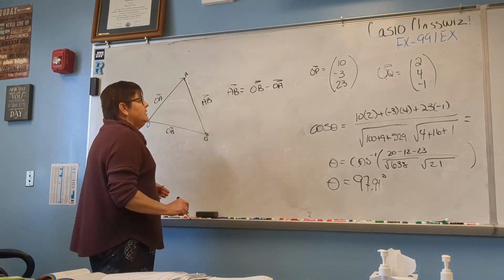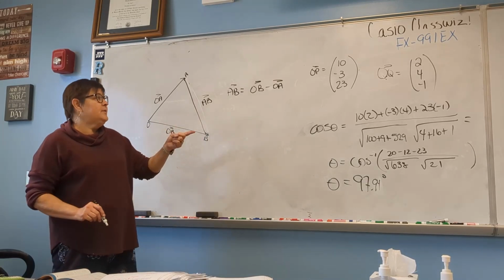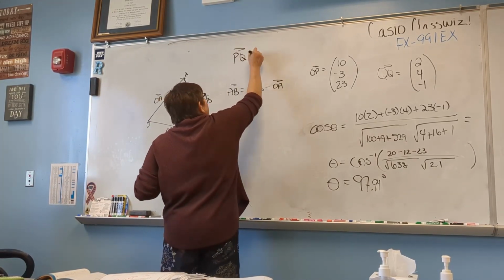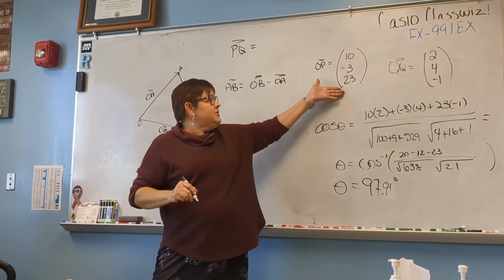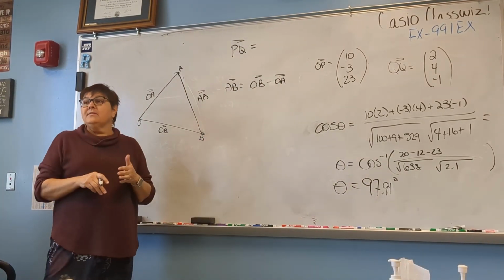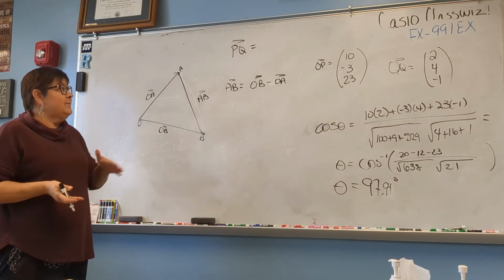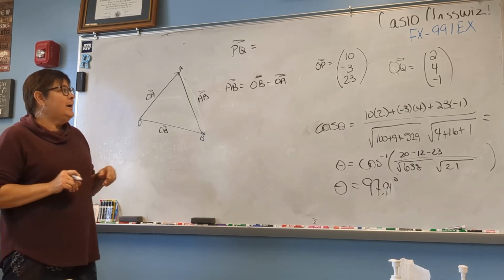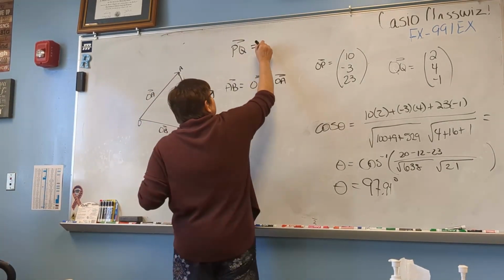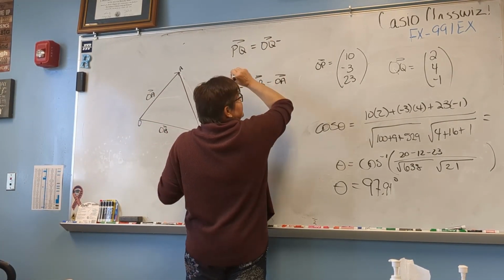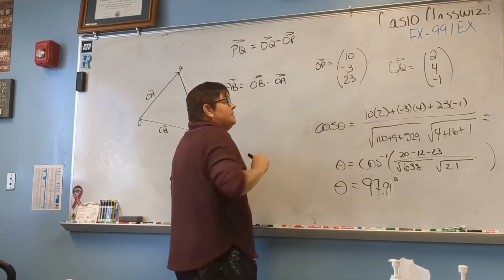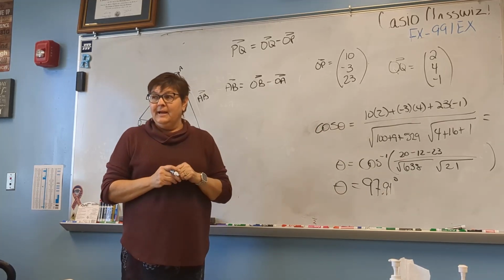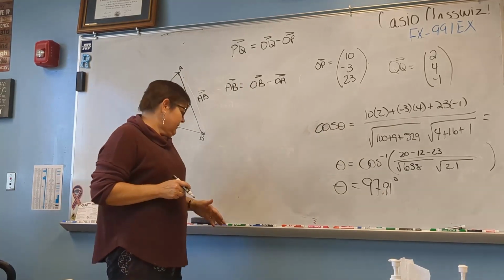So we're going to try to find PQ, given our information here. What's the last guy? It looks just like that. So where do we start? We go OQ minus OP. OQ has 3 values and OP has 3 values.